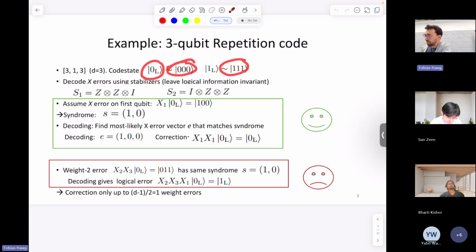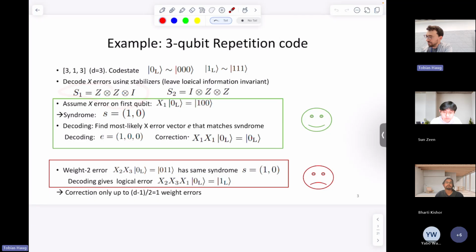So one logical qubit goes into three physical qubits. If some error has happened, we can decode it using syndrome measurements, because in quantum error correction codes you're not allowed to measure the error directly. Instead, you have to measure syndromes, certain measurements that do not touch the logical state but give you circumstantial information about what kind of errors happened.